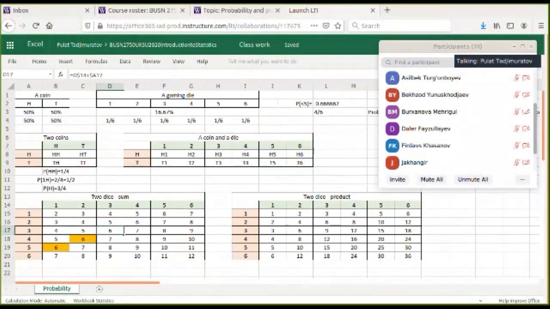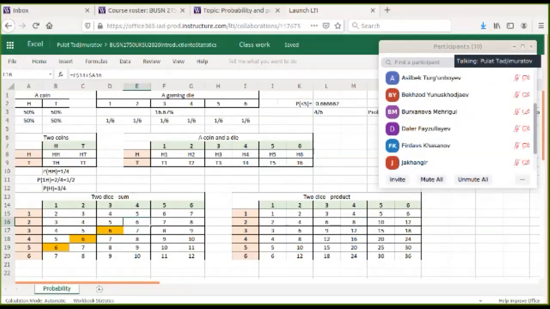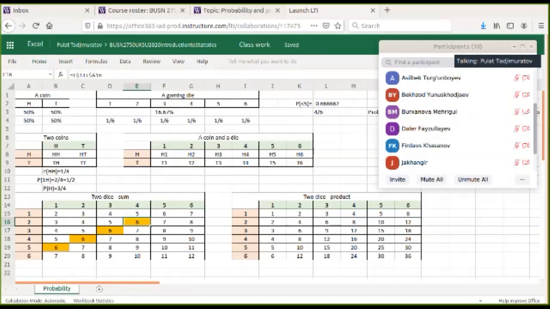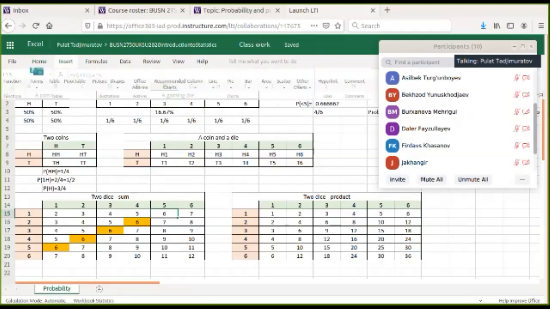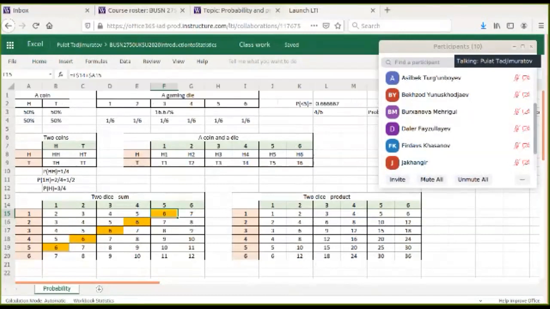So here are 5 cases where you get 6 as the sum of the dice roll. In all other cases, you have either more than 6 or less than 6.